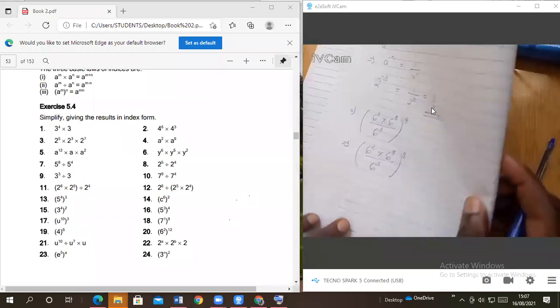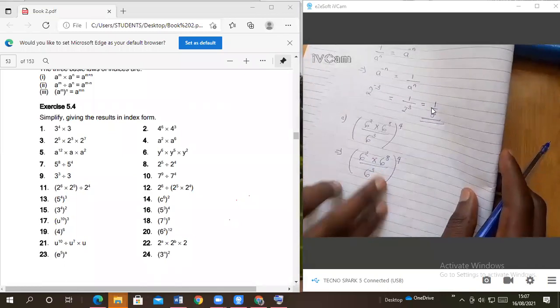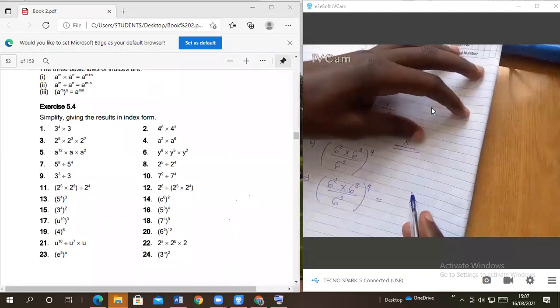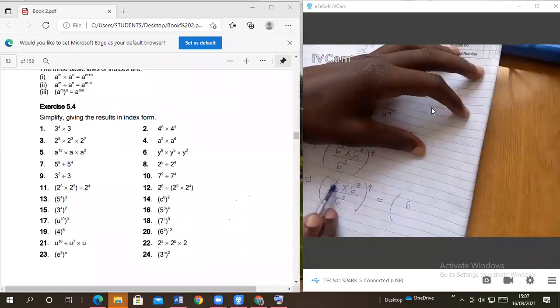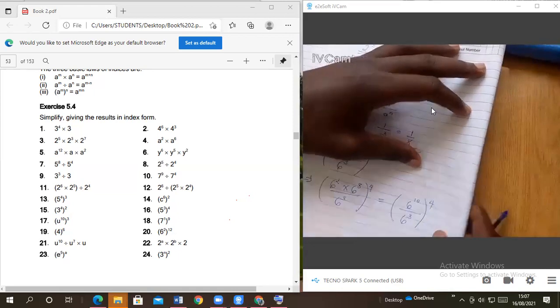So first simplify the numerator. Can you make it a single index? When we are multiplying, we just add the powers. So it becomes 6 to the power 10, divided by 6 to the power 3, but all still raised to the power 4.